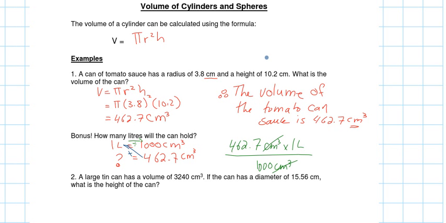So this way I know that I have to cross multiply with a liter and then divide by the centimeter. It's always going to be multiplying, multiplying, then dividing by the number. So if I'm looking at this, it's going to be 0.4627 liter.